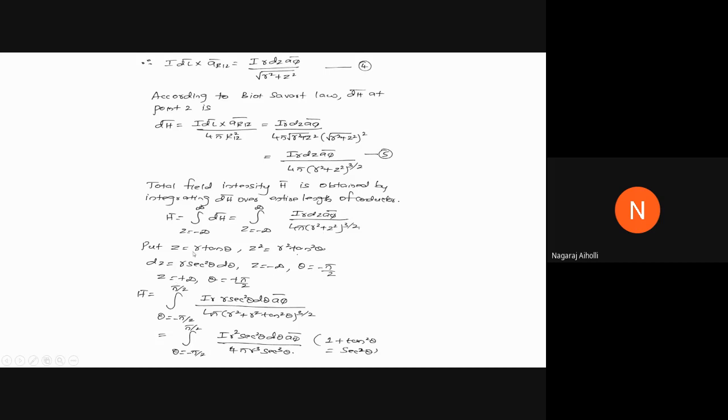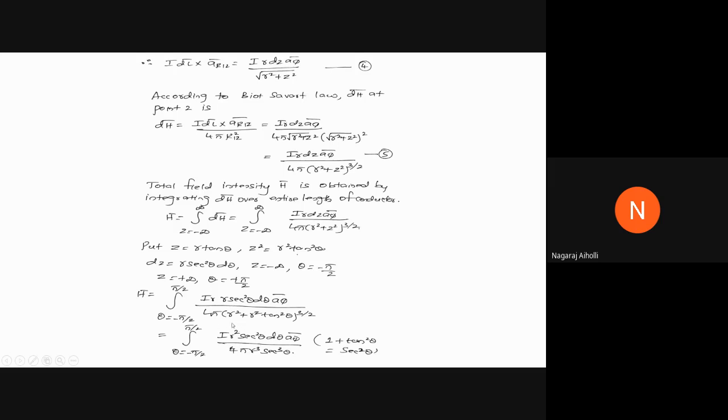Z is r tan theta, z square is r square tan square theta. Substitute that: r square plus r square tan square theta, the whole raised to 3 by 2. If you simplify this, the integral from theta equal to minus pi by 2 to plus pi by 2 of I r square secant square theta d theta a phi bar divided by 4 pi times (r square plus r square tan square theta) the whole raised to 3 by 2.